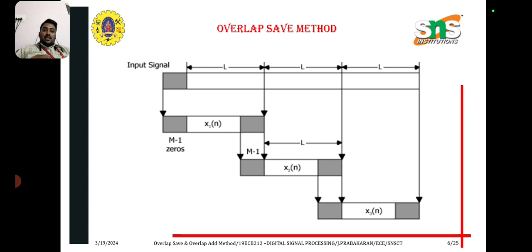The total length of the input sequence x of n is represented by Ls, and the length of the impulse response is represented by small m. The length of the new data in a subblock is L, a value we can assume, and the length of the subblock n equals L plus m minus 1.